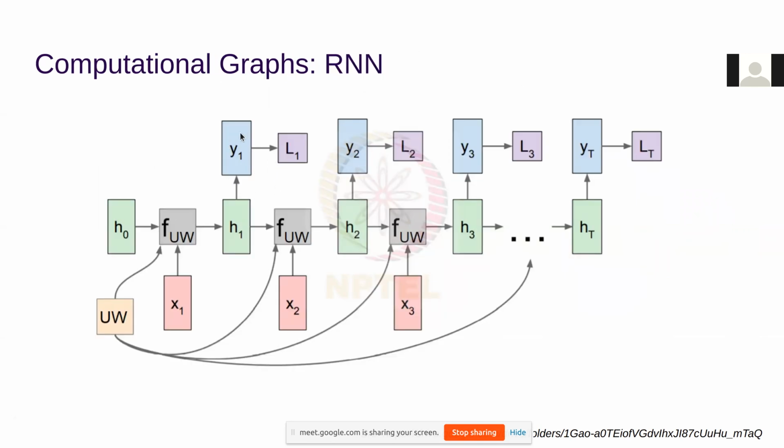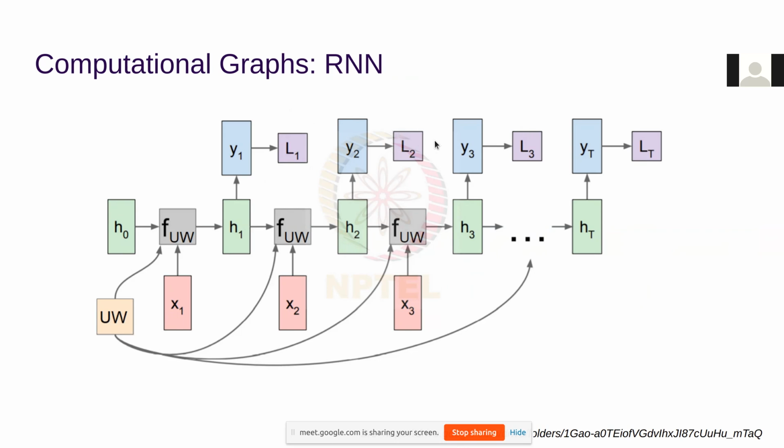Depending on how close this y1 is to the desired output, the loss will be computed as L1. Similarly, for the next input x2, it will take the previous hidden state information h1, use the same parameters u and w to compute the function of x2 and h1 to get h2, which will then be used to predict y2. Depending on how close y2 is with respect to the ground truth value, we will get the loss value L2.